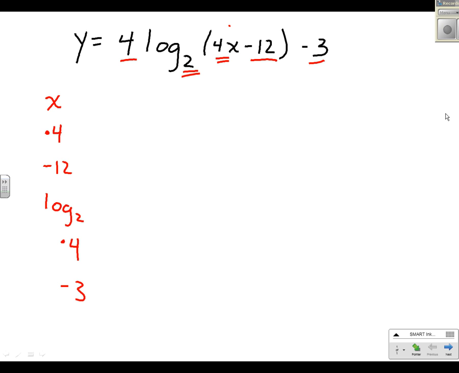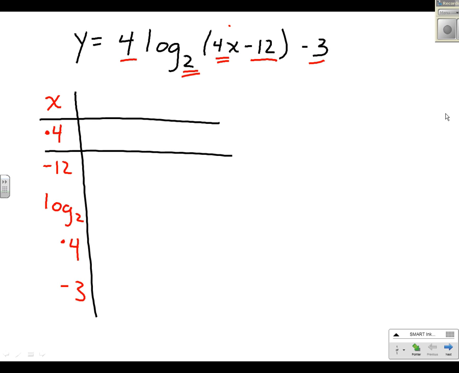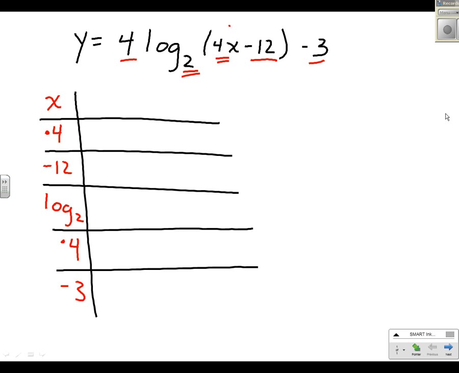So I'm going to create a chart of values. We're kind of t-charting here, but it's a lot more clever in that I don't really want to choose a value for x here. I really want to choose values for my argument.